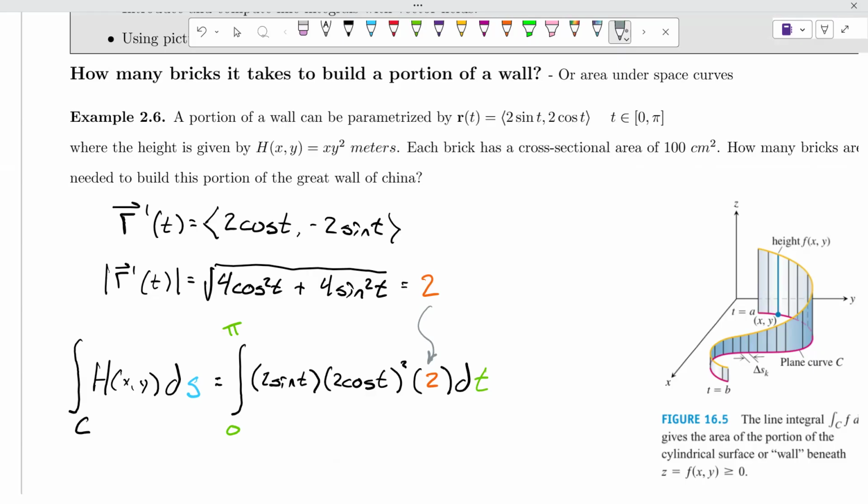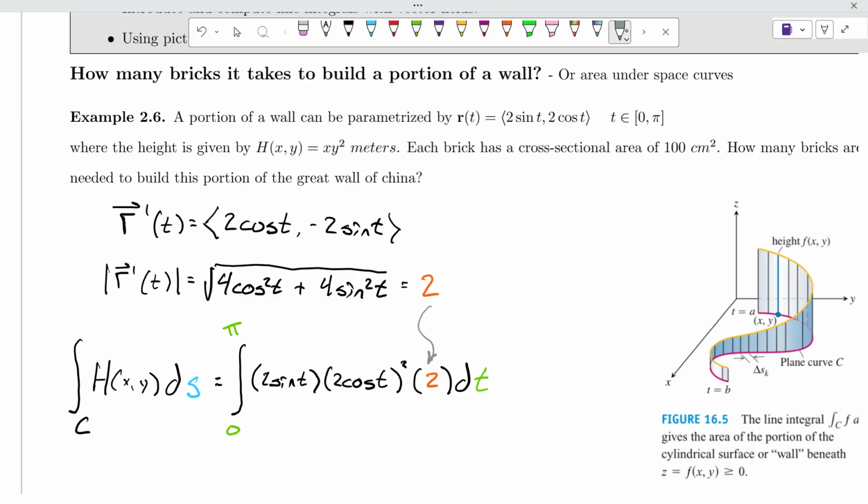Also note that we went with a somewhat non-standard parameterization for this arc of a circle, since we've got sine in for the x component and cosine in for the y component, which would probably mean I'm doing something like starting at the top of the circle instead of starting over at the standard right side of the circle. Right? Normally in standard position, we start from the right side and go counterclockwise.